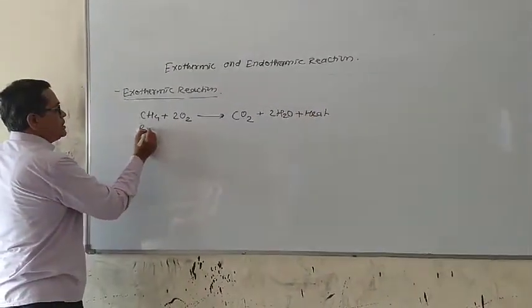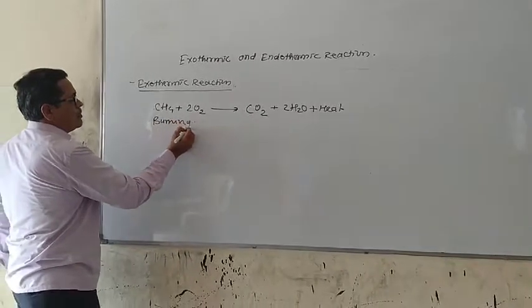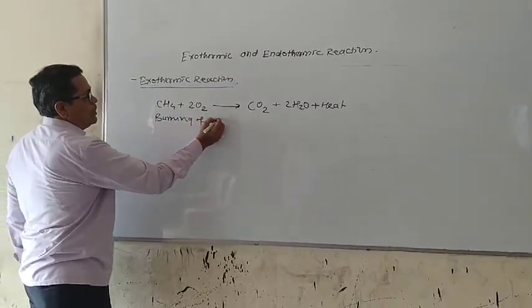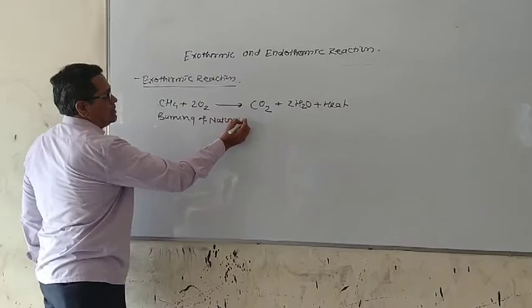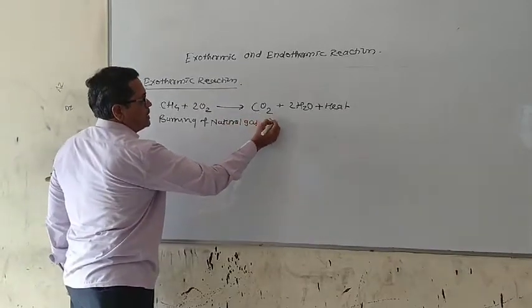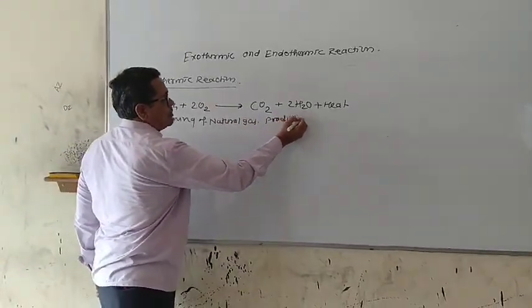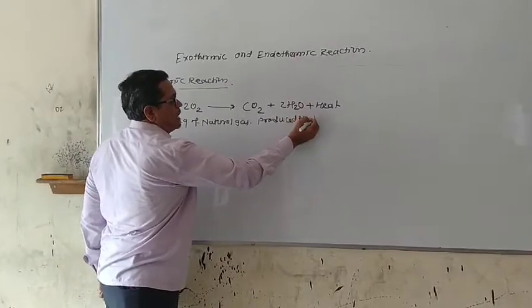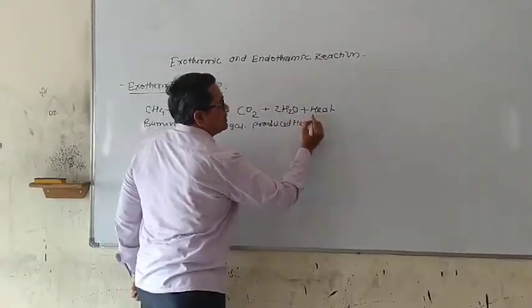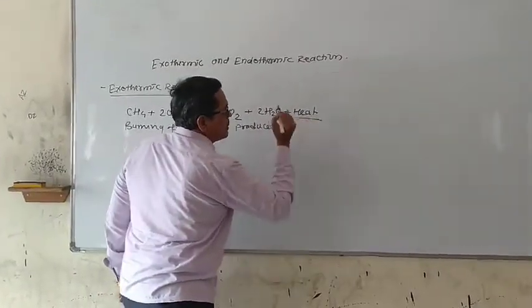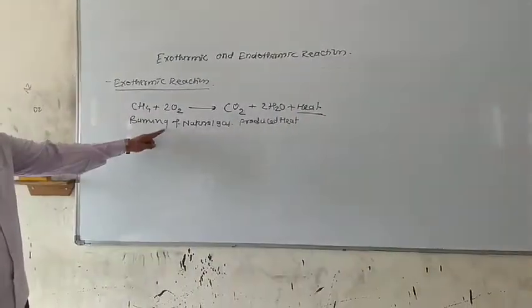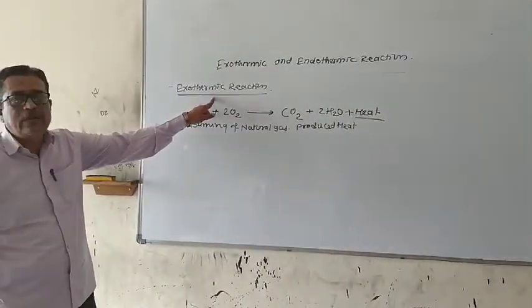Here is the burning of natural gas. Burning of natural gas produces heat. This heat energy is released in this chemical reaction, and this type of reaction is called an exothermic reaction.